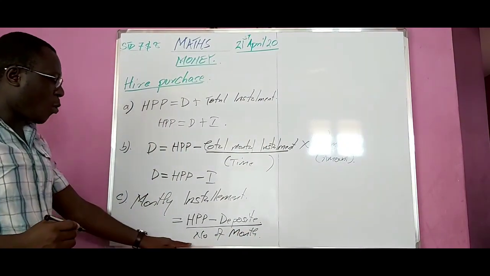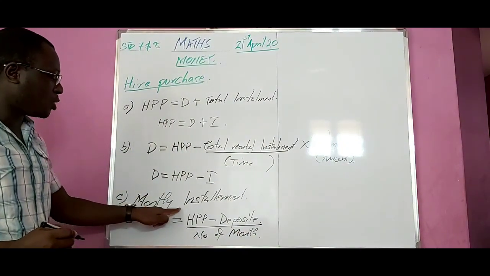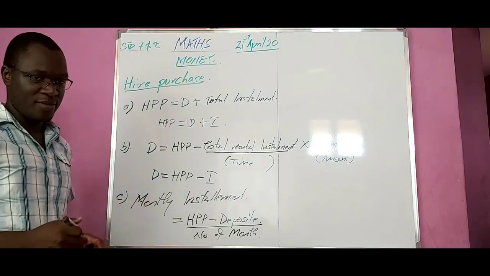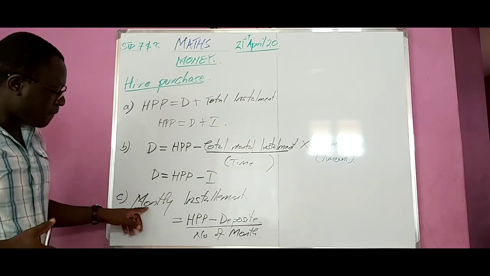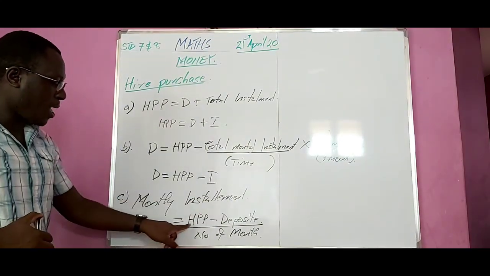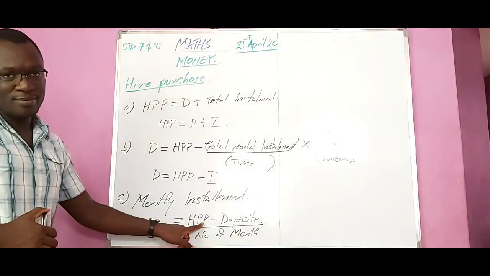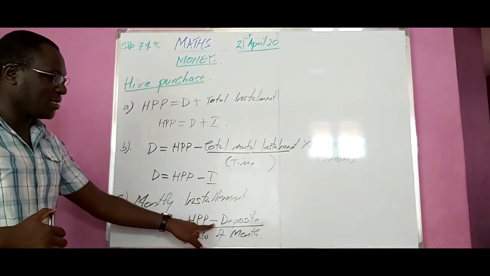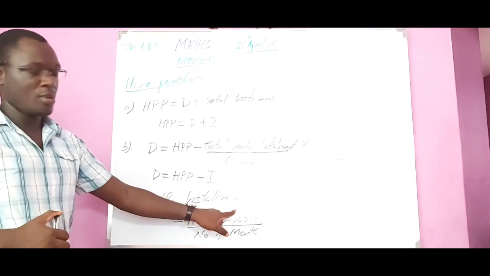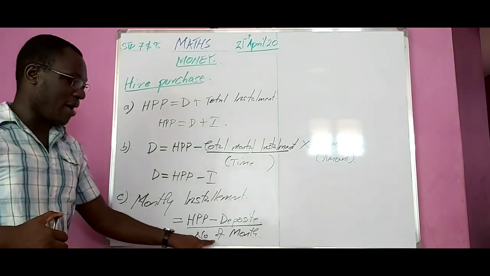This one will answer the question, how much was he paying per month? So we have monthly installment is equal to hire purchase price minus deposit divided by the number of months.